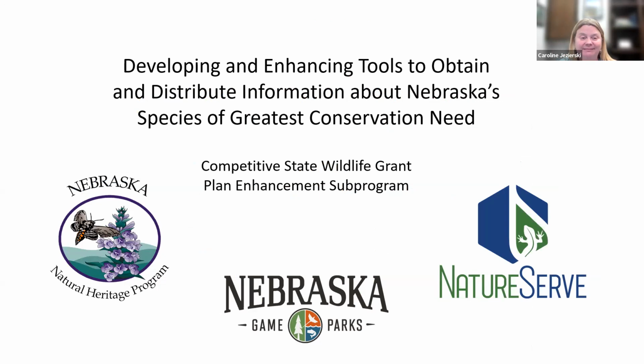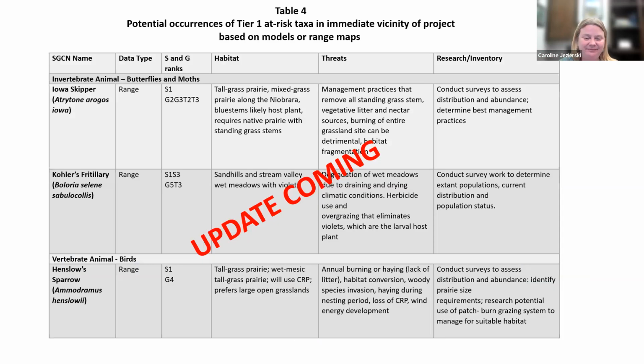And we were funded. And the grant title is Developing Enhancing Tools to Obtain and Distribute Information about Nebraska's Species of Greatest Conservation Need. And so the money comes to the Nebraska Game and Parks Commission, and then we're contracting with NatureServe to make the enhancements on our CERT. Okay, next slide.